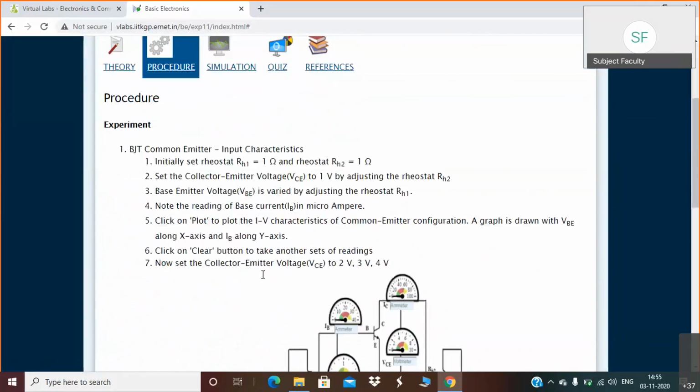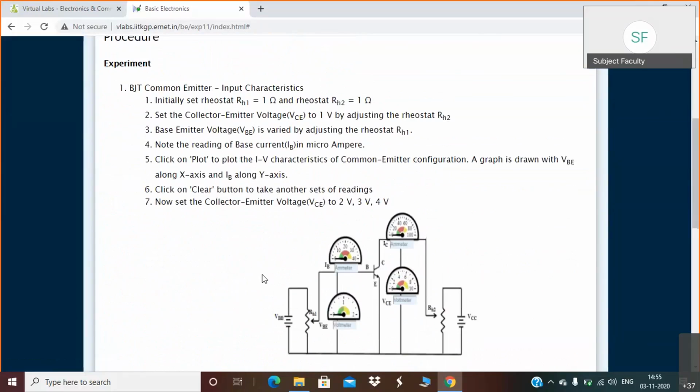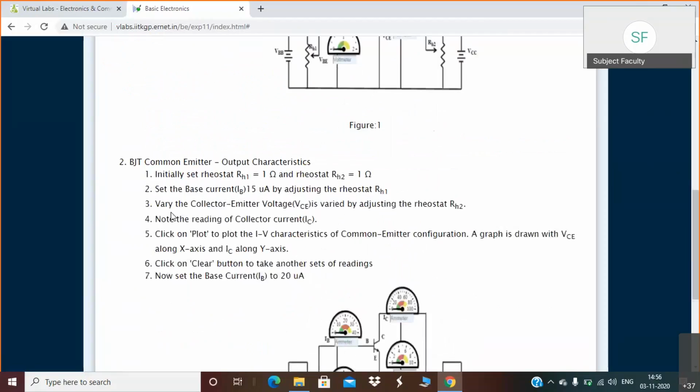So when you go to the procedure, you can observe again input characteristics is the first part. Your connection is already done. You have to just follow these steps. Similarly, for output characteristics, again the steps are clearly indicated.